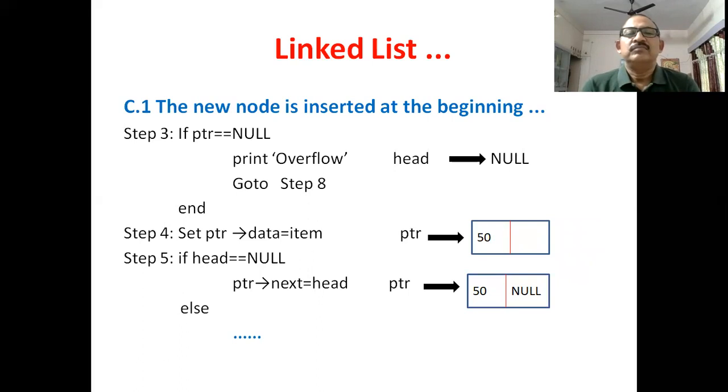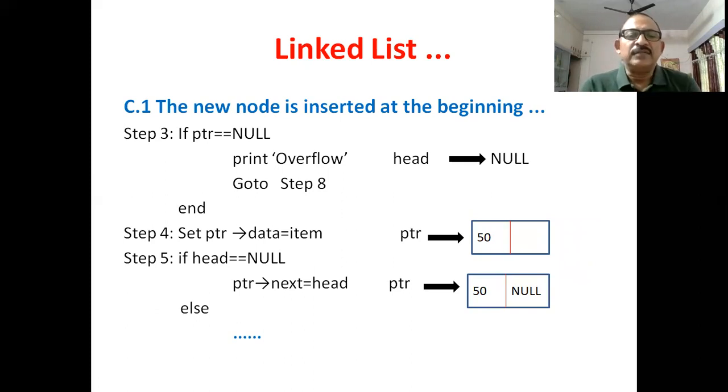If PTR is not equal to null, then we set PTR data is equal to item. What is our first item? Item is 50. Now you can see in the picture, we store 50 into the memory space allocated by the compiler. PTR points to the node, and the node contains 50 here.